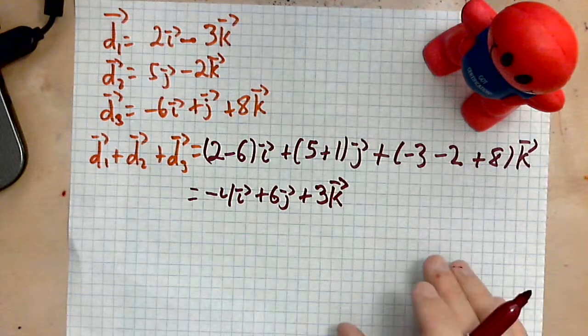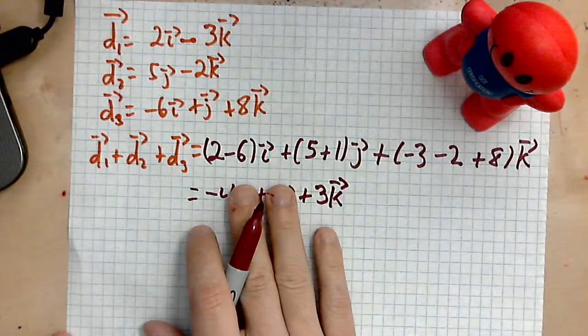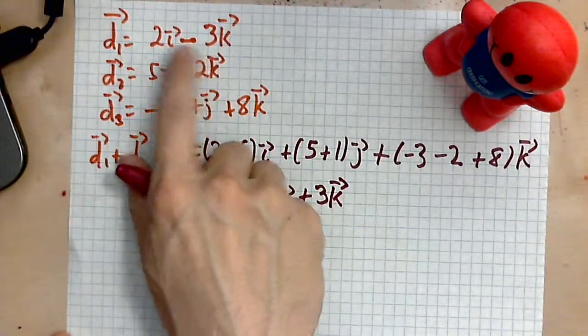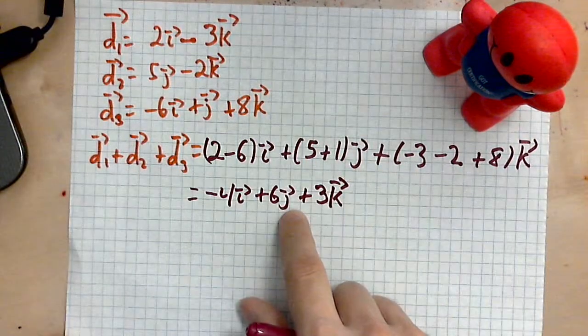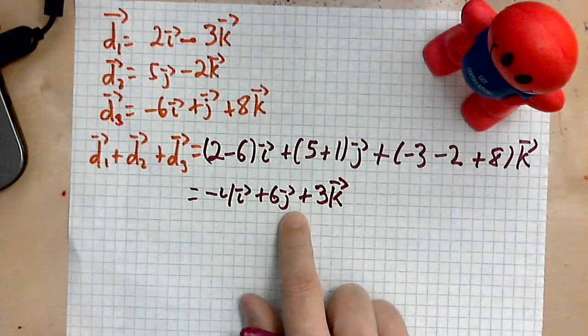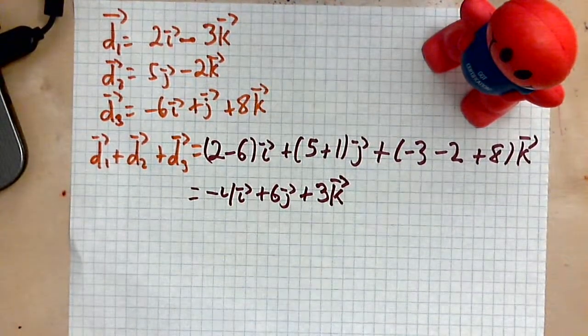And now this is our total displacement vector if we simply follow these, right? So d1, d2, d3. If we go along these vectors, we end up being displaced by this amount relative to the origin.